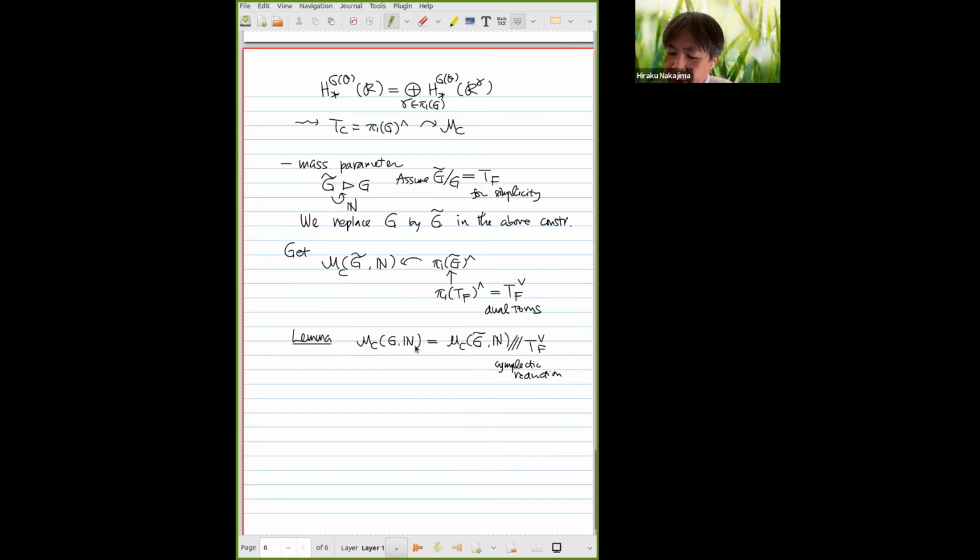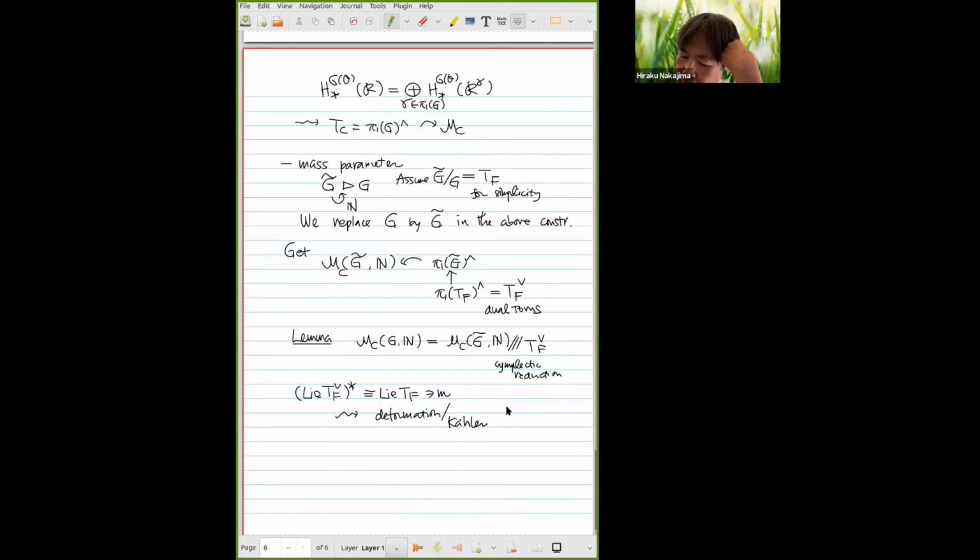So in particular, if you have an element of the dual torus, which is nothing but the algebra of TF, and the mass parameter, as explained in the beginning, is an element in here. If you have an element here, then you can consider the deformation. And if you consider the group element in the group of homology, you can also consider the GIT quotient.